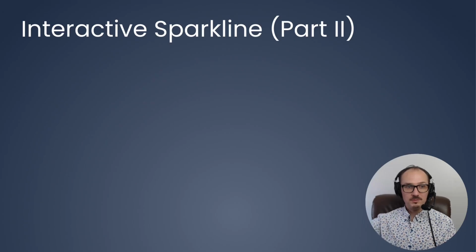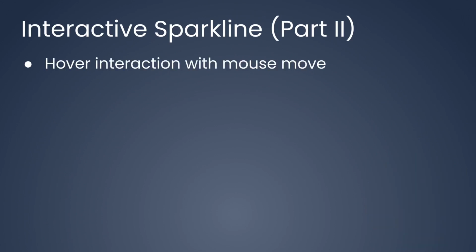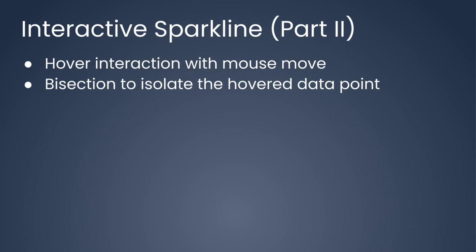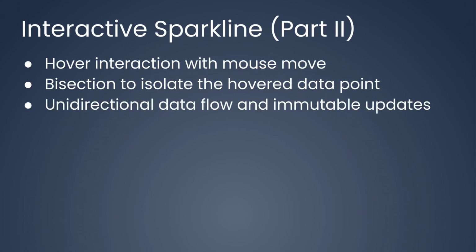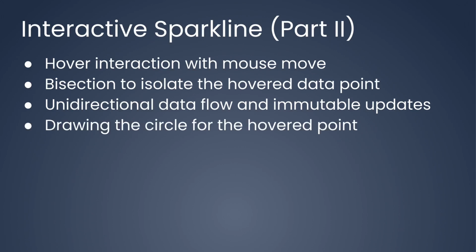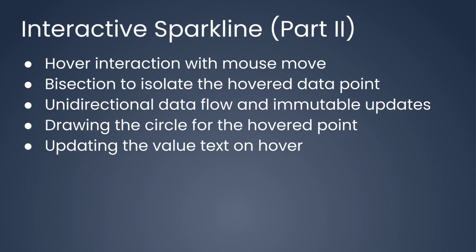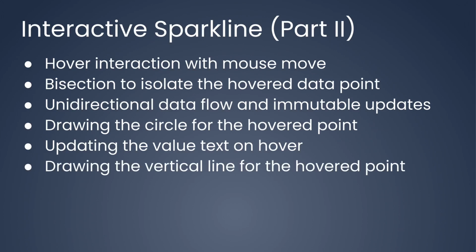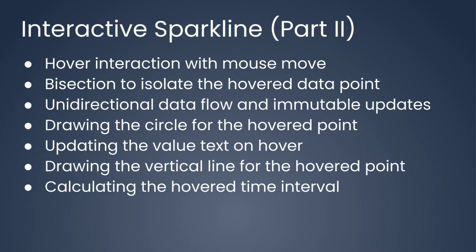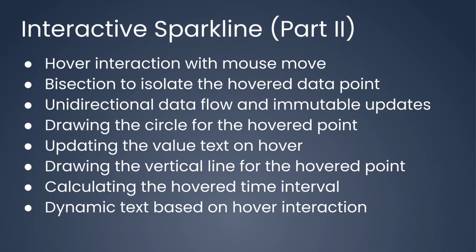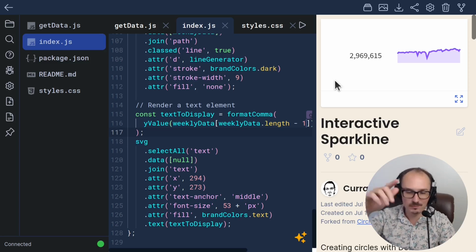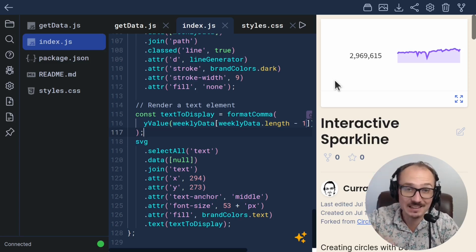In part 2, Interactive Sparkline, we will discuss hover interaction with mouse move, bisection to isolate the hovered data point, unidirectional data flow and immutable update patterns, drawing the circle for the hovered point, updating the value text on hover, drawing the vertical line for the hovered point, calculating the hovered time interval, and dynamic text labels based on hover interaction.